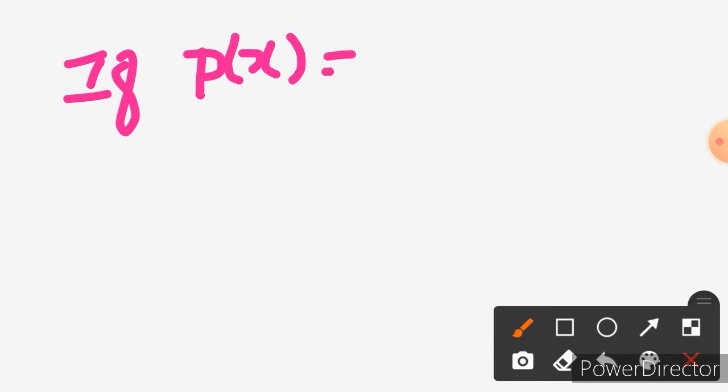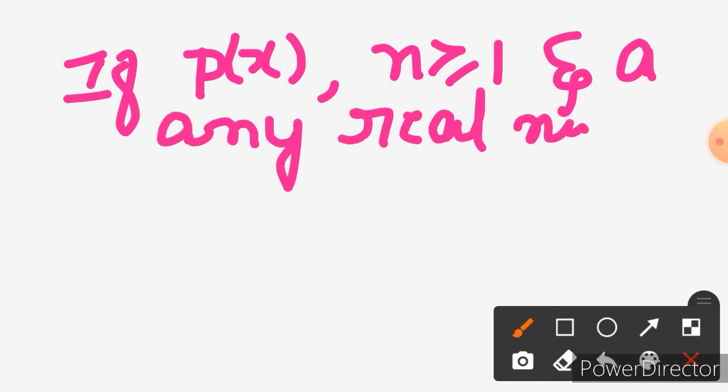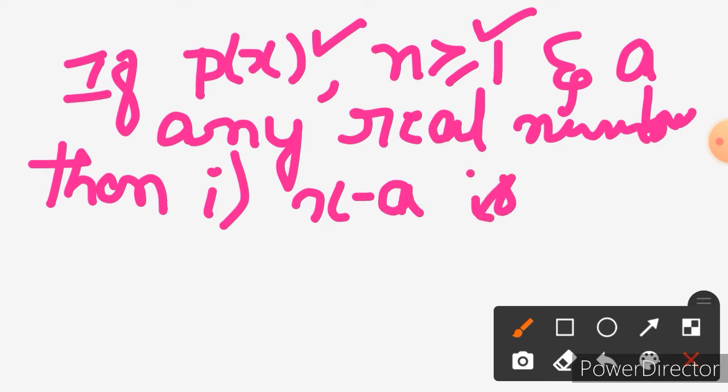Factor theorem is nothing but, for any polynomial, if p of x is a polynomial with the degree n greater than or equal to 1, and a is any real number, then two conditions will exist. X minus a is a factor.